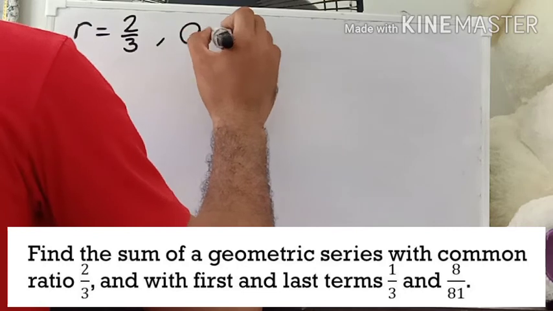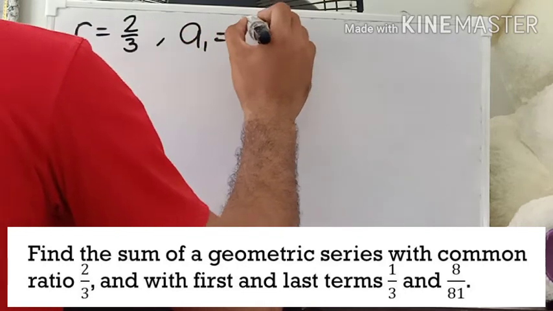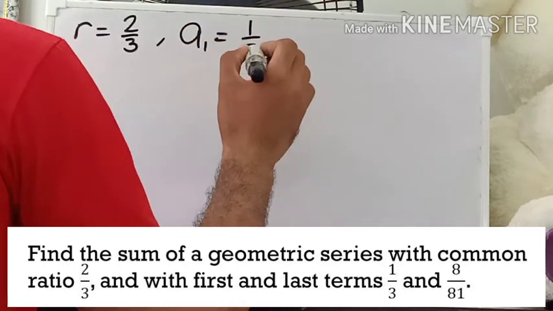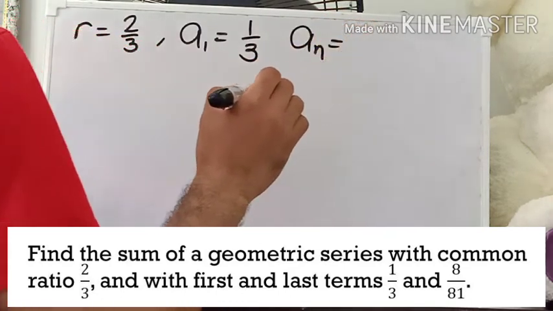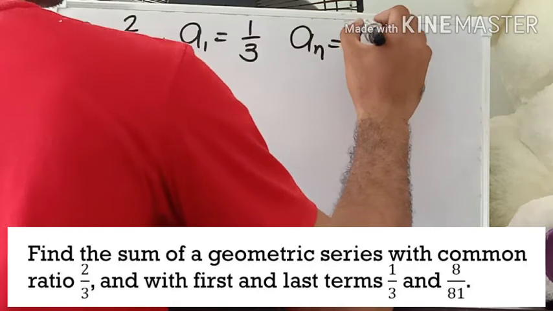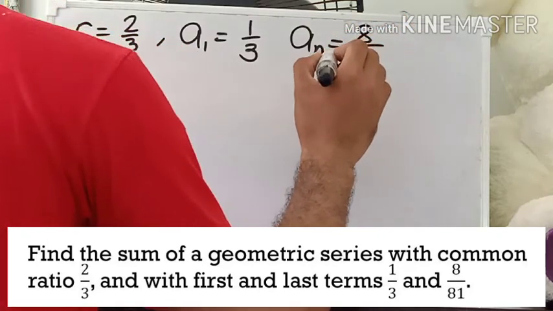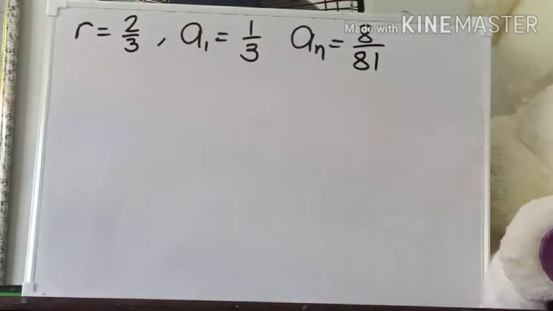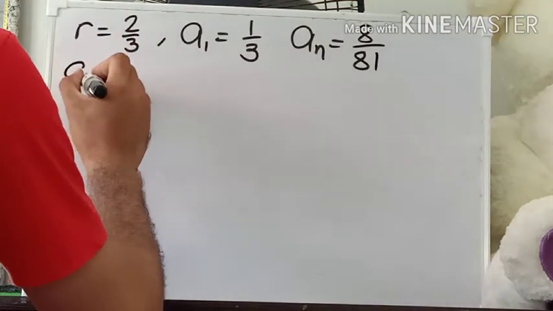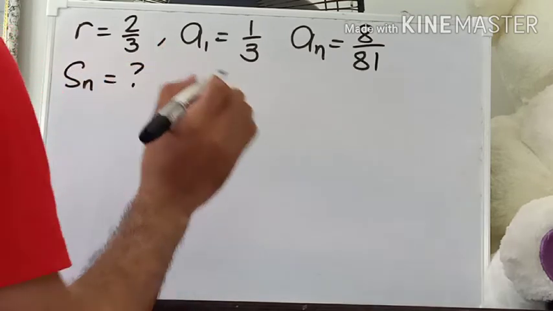The first term is 1/3. And the last term, we don't know how many terms there are in this sequence, but it's just specified: the last term is 8 over 81. We are told to find the sum of all those terms.